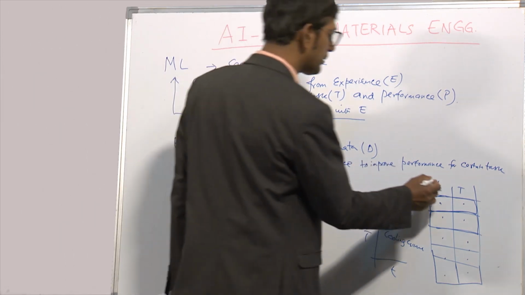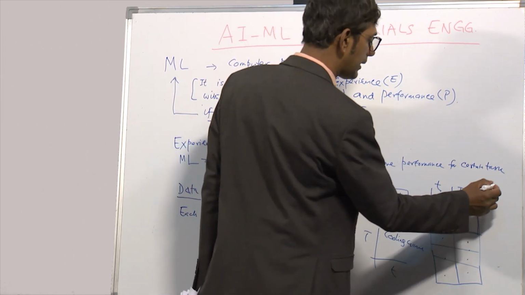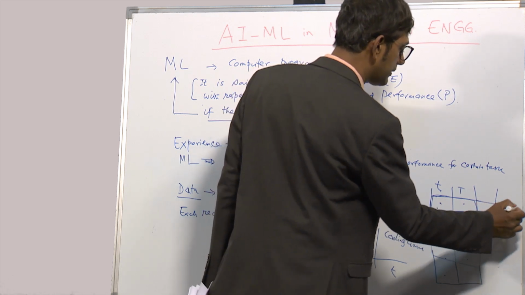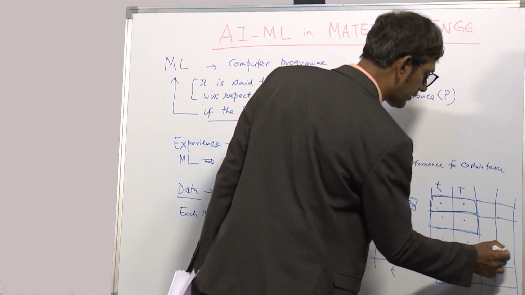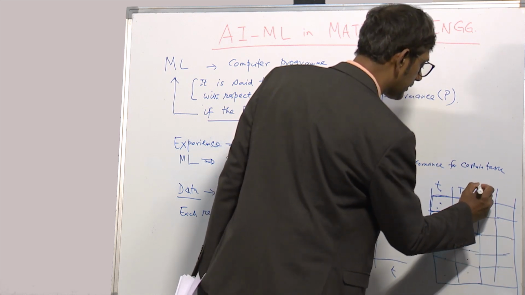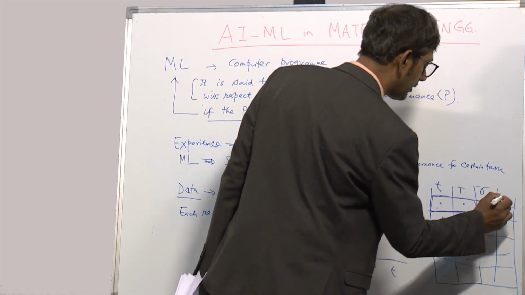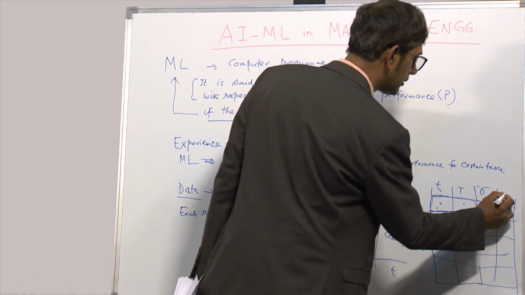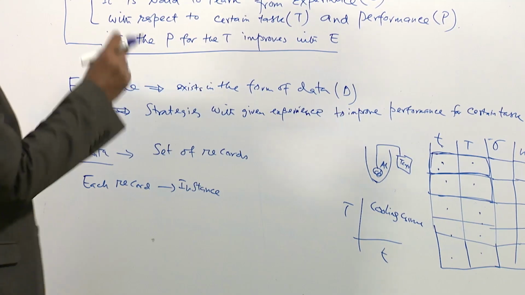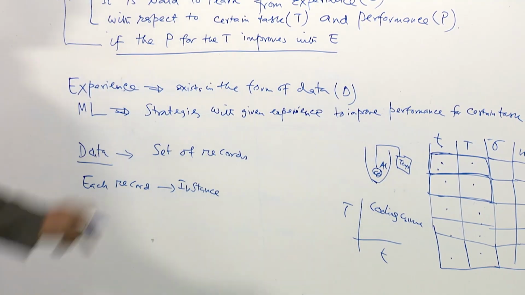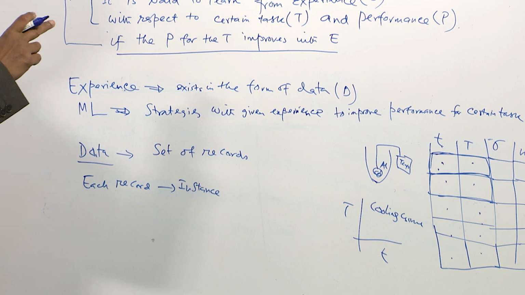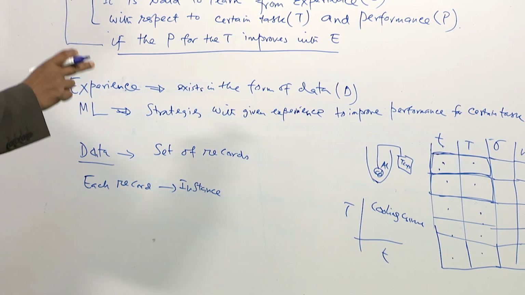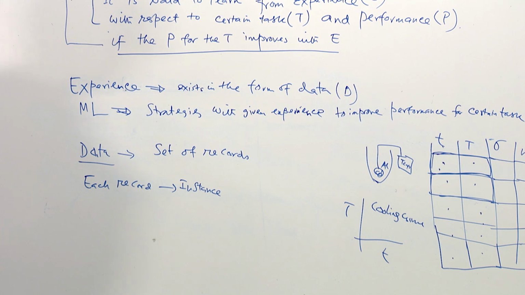Along with time and temperature, you can also measure electrical conductivity, sigma, and thermal conductivity, kappa. So for each time you are measuring 3 attributes. For each time you have 3 data, so if you have 5 times, then you have 15 data points. That is what is called a data set.